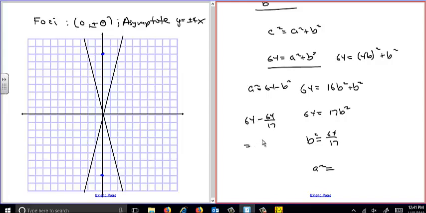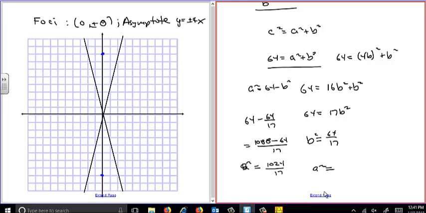So we get a, yeah, it's more difficult than I thought it was going to be. So 64 times 17, you get 1088 minus 64 divided by 17. Yeah, this is a prime number. You can't simplify it, so it just comes out to be 1024 over 17. So that's equal to a squared.